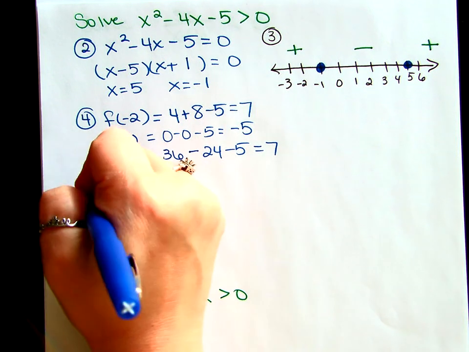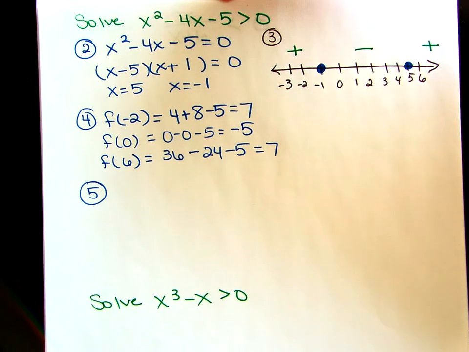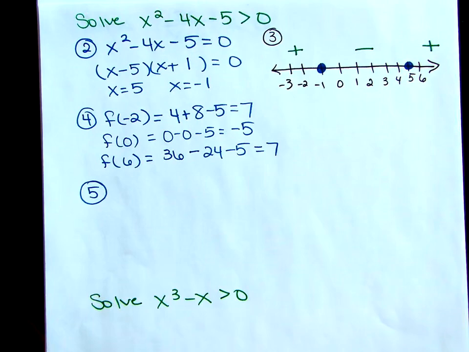So step 5 is where I write my interval for what my solution set should be. So I need to go up to the original problem where I had my polynomial is greater than 0. So which of those intervals am I concerned about? Am I concerned about the positive intervals or the negative intervals? The positive intervals.